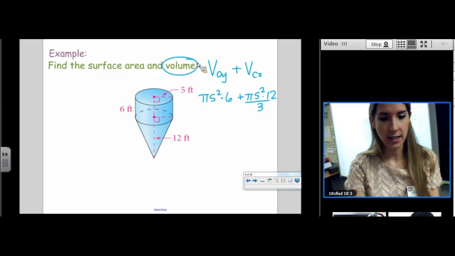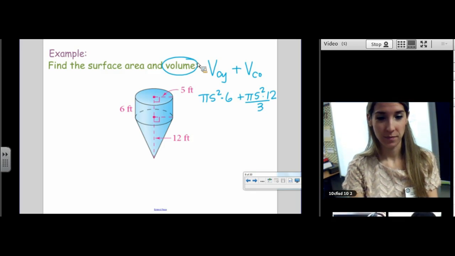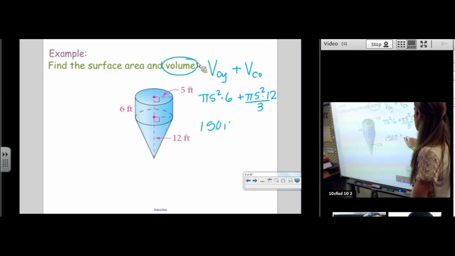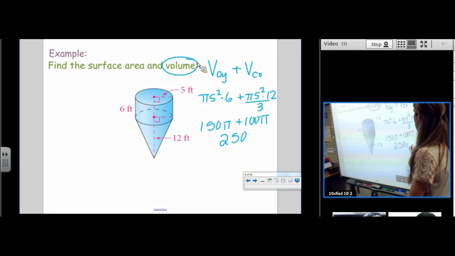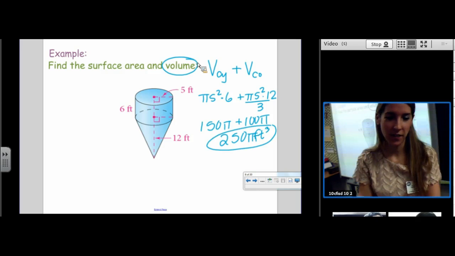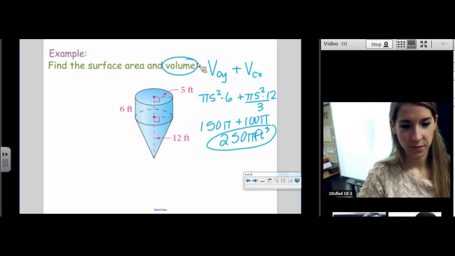I'm going to give you a minute to find the total volume. Okay, so hopefully we're getting 150 pi plus 100 pi. For a total, we are allowed to add these because, oops, I got too excited on my pies. There we go. For a total of 250 pi feet cubed.